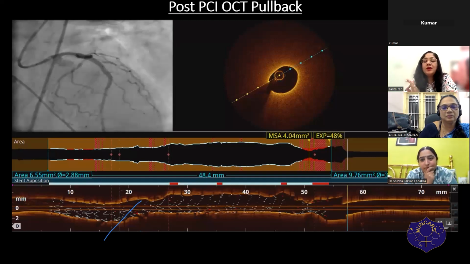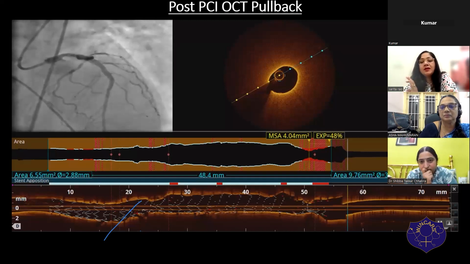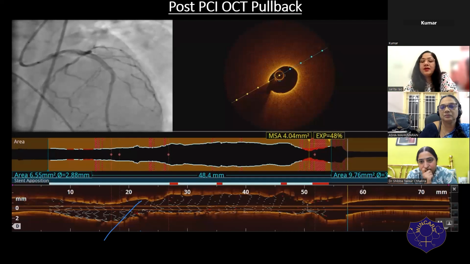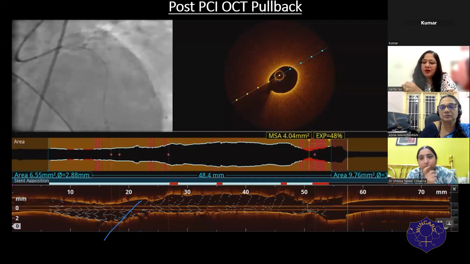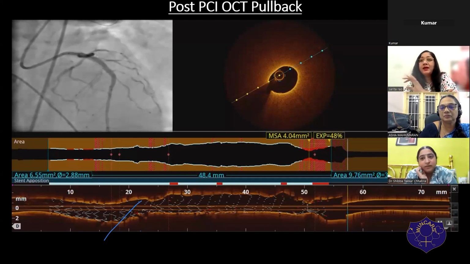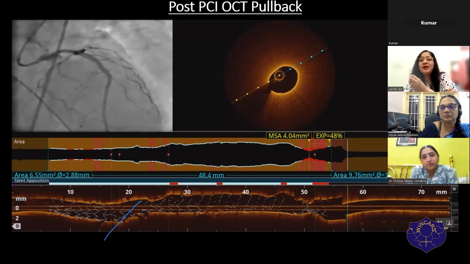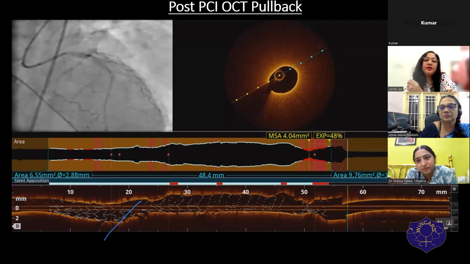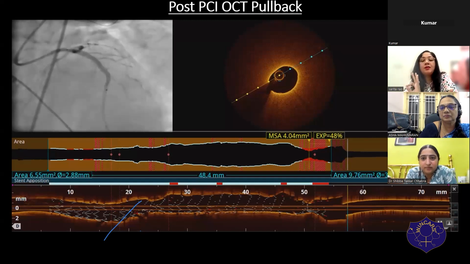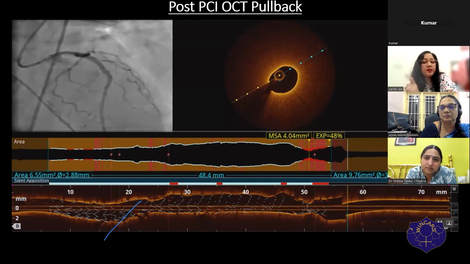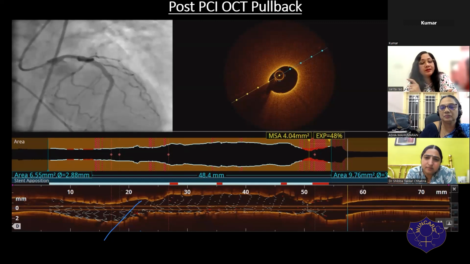Now I'll tell you. I cannot keep a wire in the circumflex when I'm doing orbital. It'll just shave it off. Till I have finished the orbital, I can't keep a wire in the circ, especially since I'm burring from the ostium.